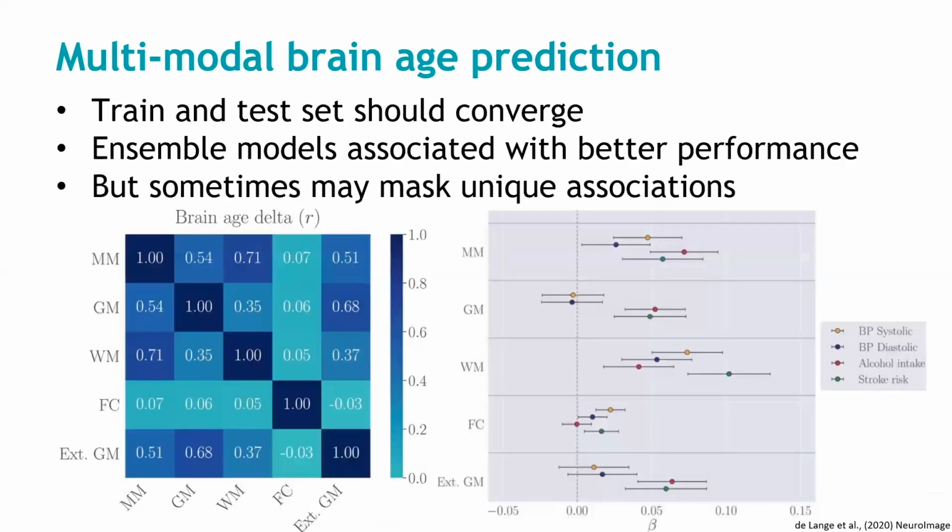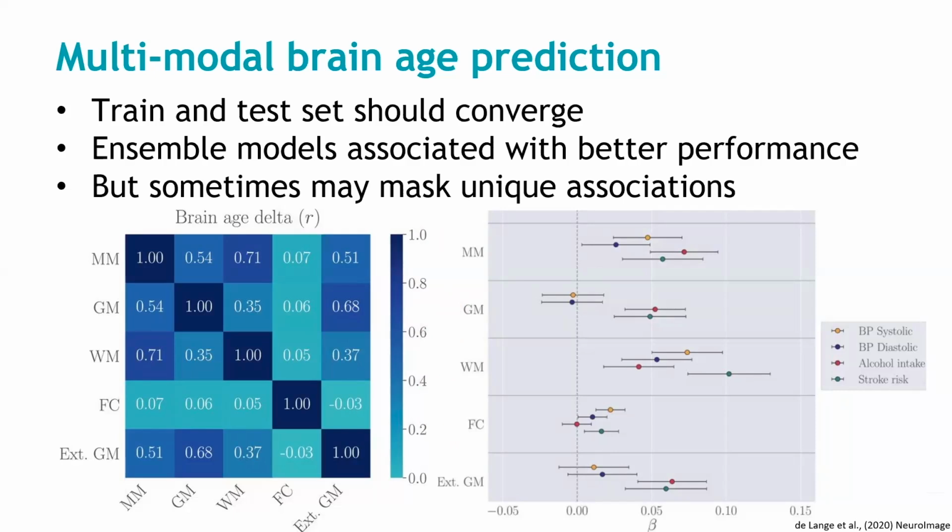However, one disadvantage sometimes of using the multimodal procedures, other than you have to have the data available of different modalities, of course, is that sometimes it could also mask out unique associations. So in this example, they looked into different types of models. Either a multimodal model, one that was based on the gray matter only, white matter only, as well as functional connectivity.